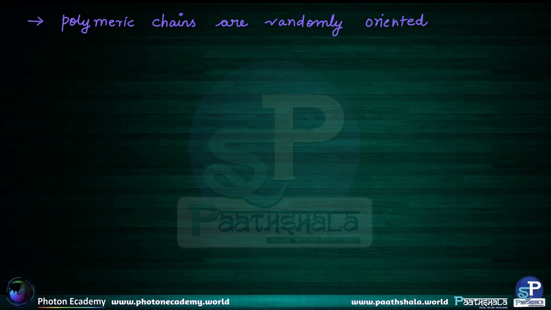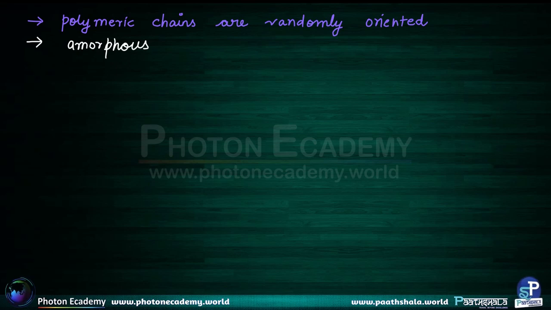Next, a property that can be seen in these elastomers is that they are amorphous. Now, why are they amorphous? Because they are randomly oriented, and we have two forms, the crystalline and the amorphous form. Crystalline is for regular arrangement of particles. So, since they are not regularly arranged, we can call them amorphous.